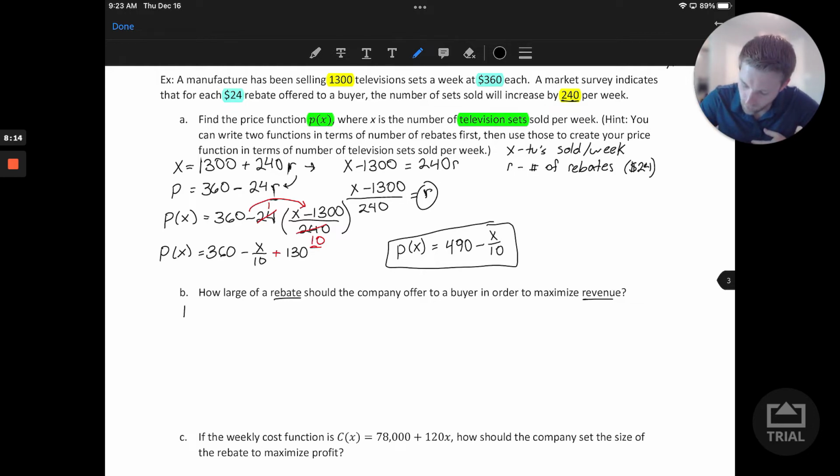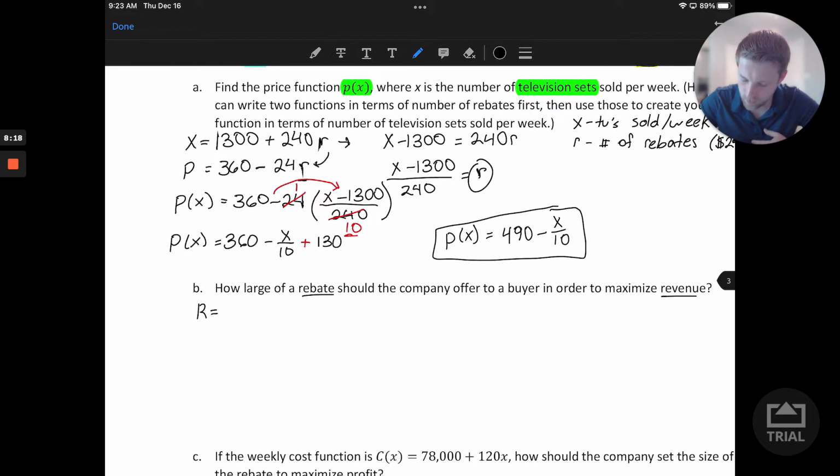So we can say that revenue is going to be the price, we'll call that p of x, times the quantity itself, that would be x. So let's go ahead and simplify that revenue function and then see if we can maximize it.